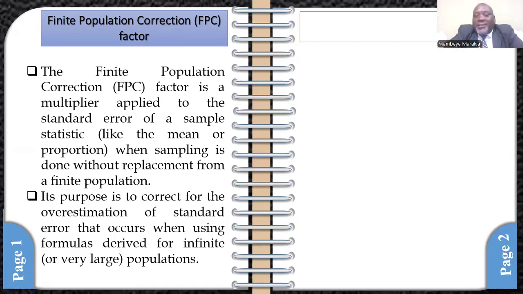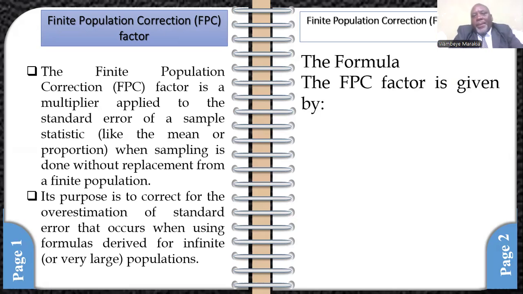Its purpose is to correct for the overestimation of standard error that occurs when using formulas derived from infinite or very, very large populations. There are formulas that are used for this.